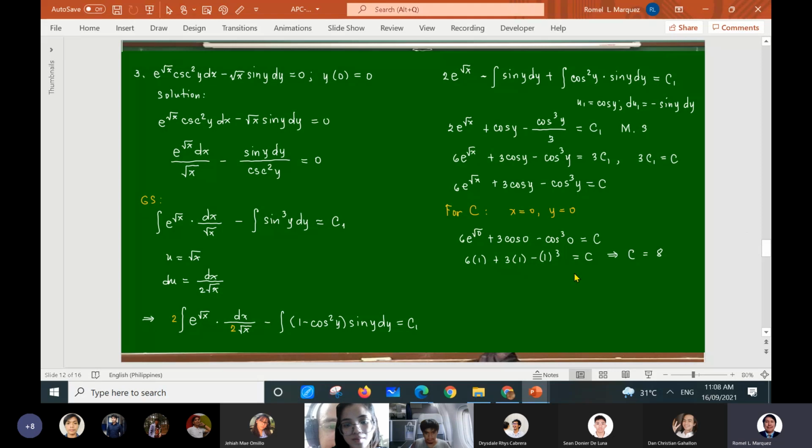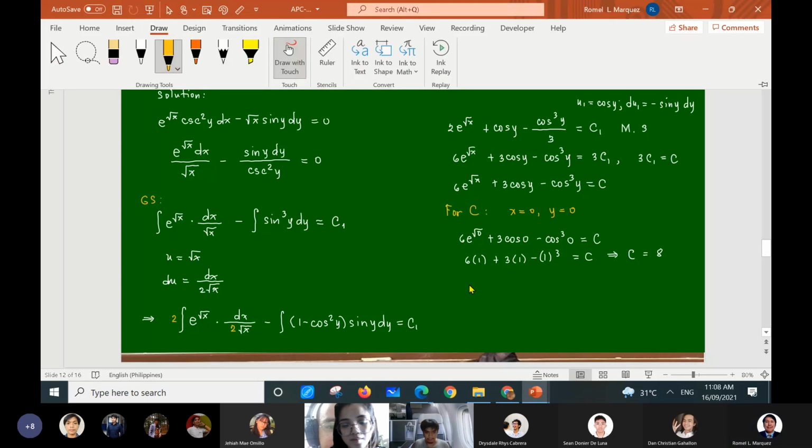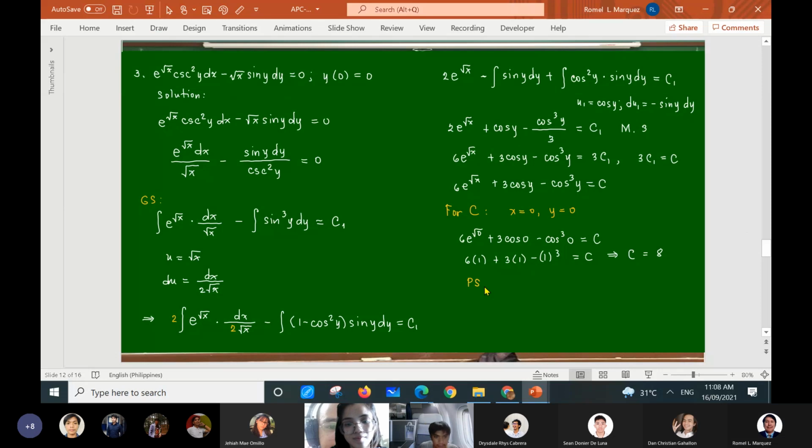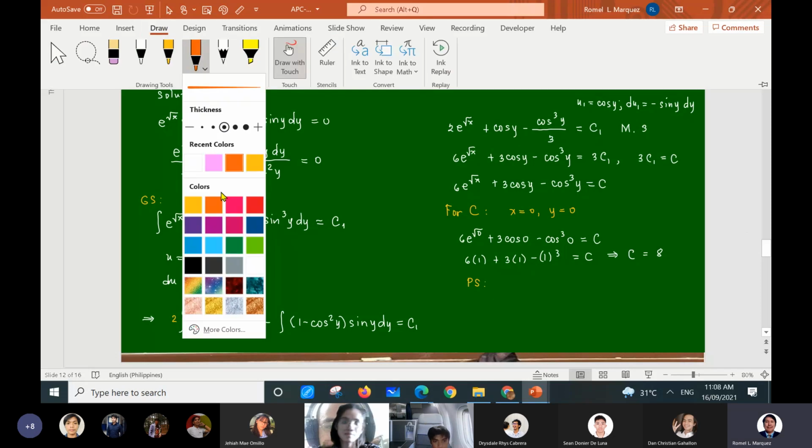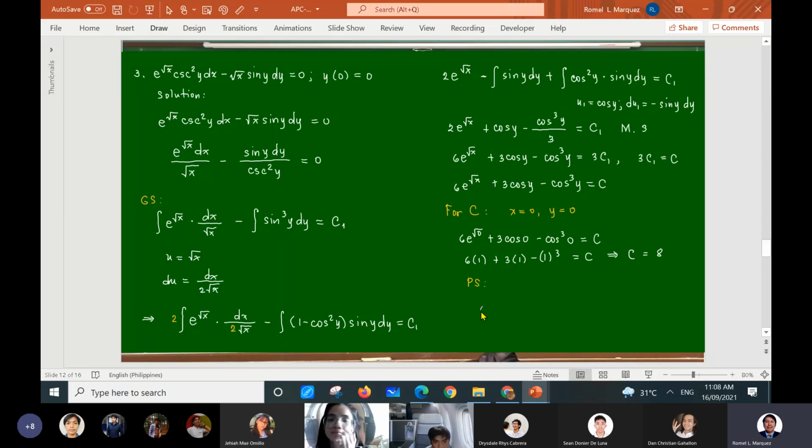Okay na, guys? What's now the particular solution? Let's make it colored, the answer. So the answer is 6e to the square root of x plus 3 cosine y minus cosine cube y is equal to 8. Don't get confused with the derivative and integral.